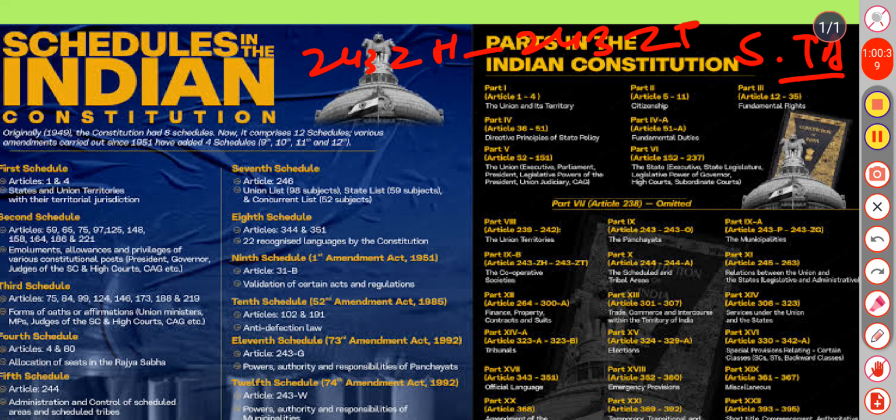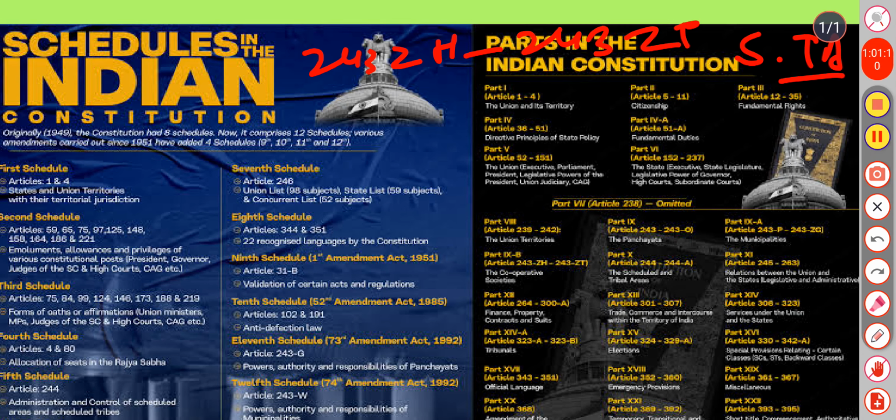So under Part 12, Articles 264 to 300, and under this finance, property, contracts and suits, all these things are covered, right. Now move to Article 300A, right to property, which is already removed, and Part 13.